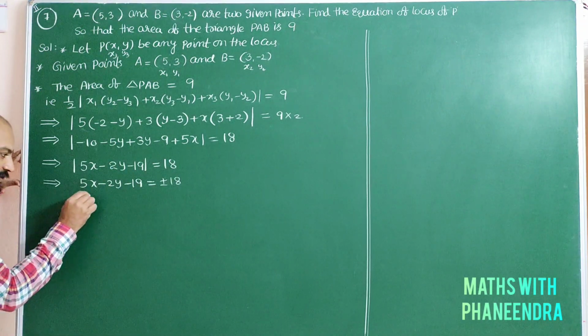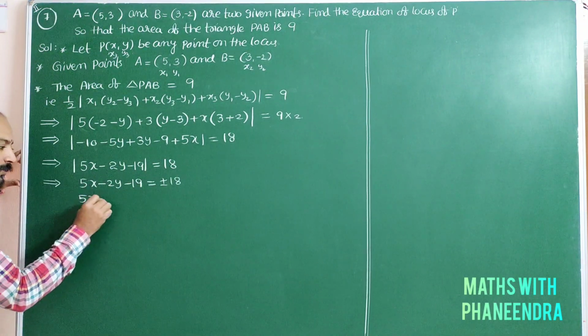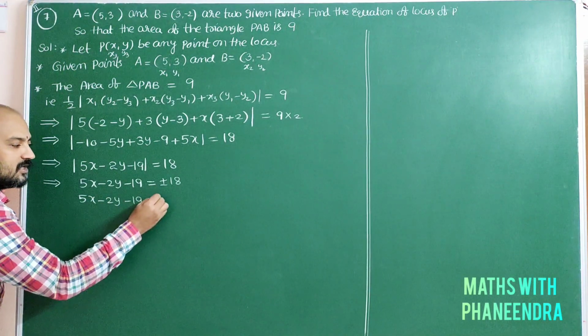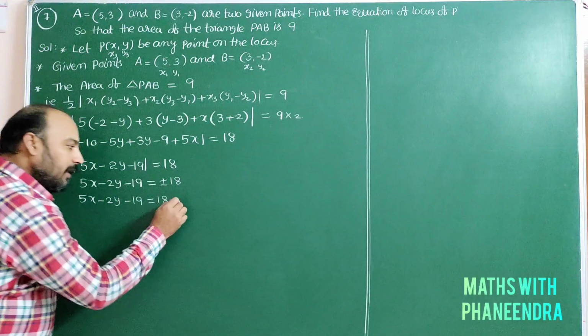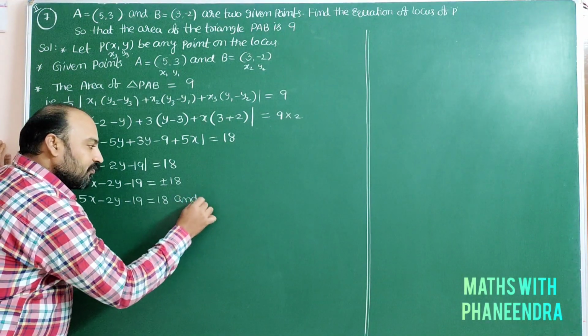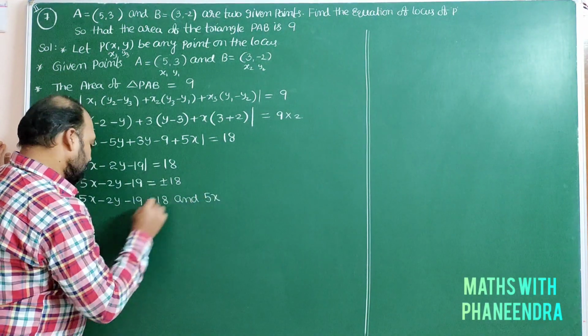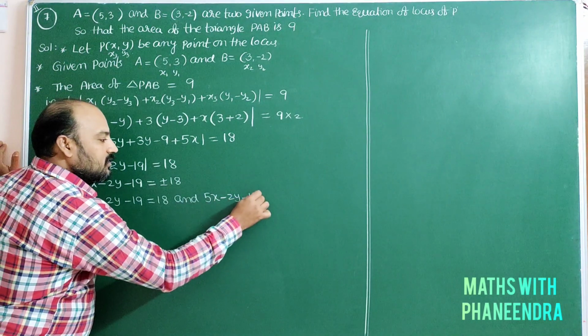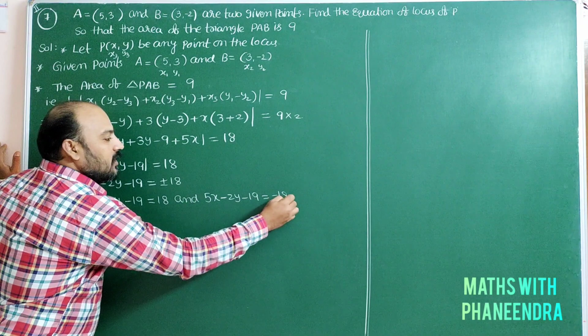So 5x minus 2y minus 19 is equal to 18, and 5x minus 2y minus 19 is equal to minus 18.